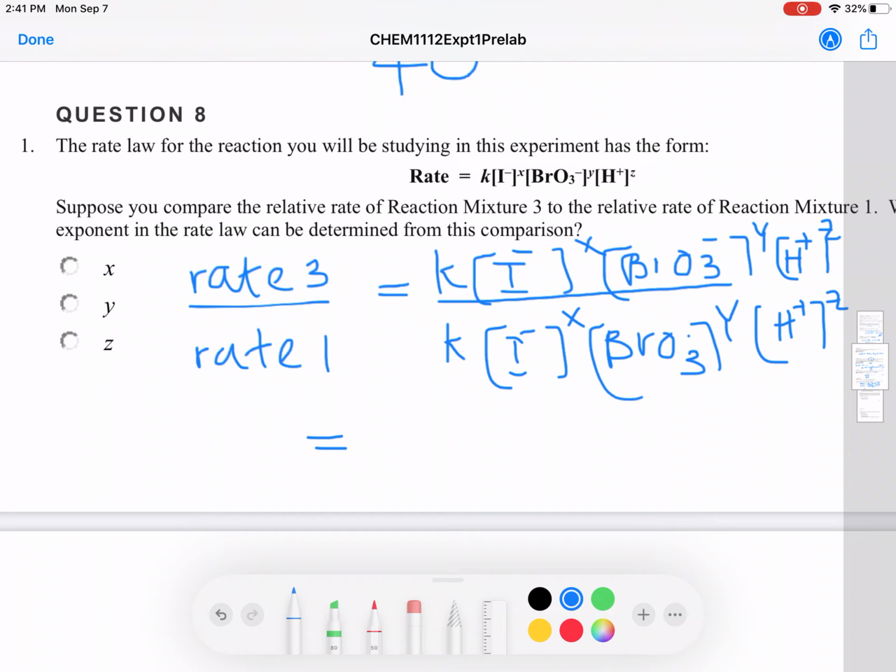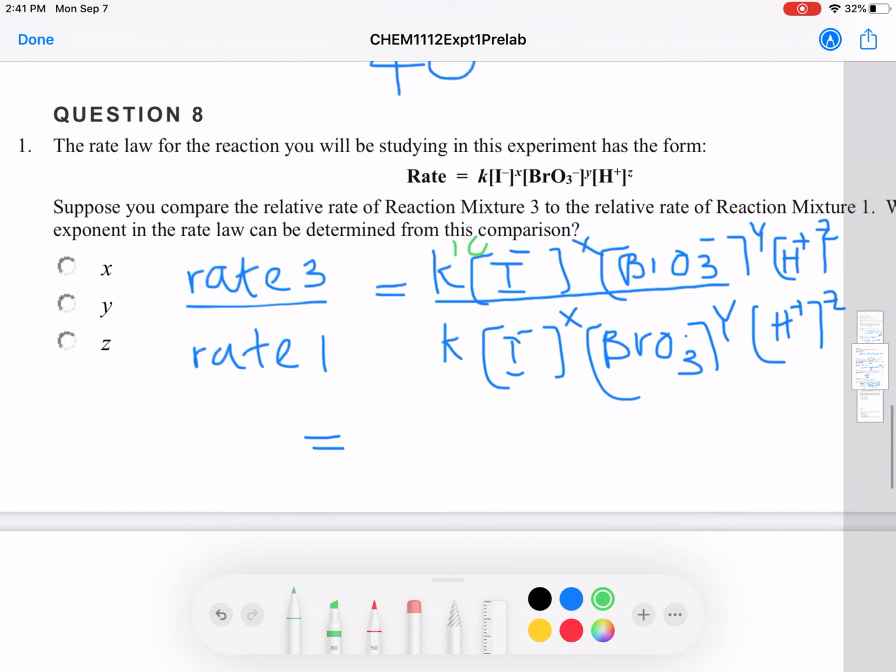You will see I minus for rate 1 and rate 3 is going to be the same amount, because it's using 10 milliliters each time. So they're using 10 milliliters and 10 milliliters. So these two terms are going to get cancelled.